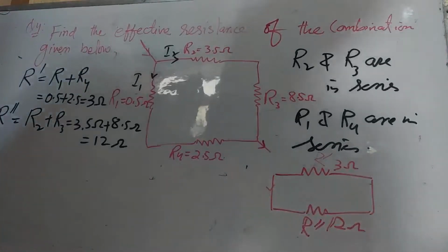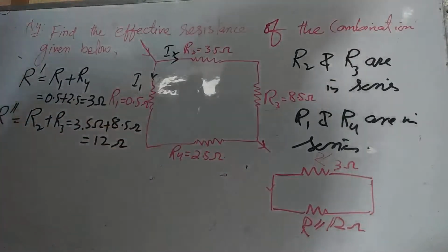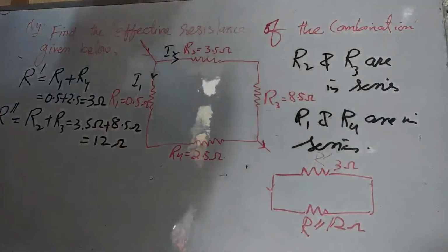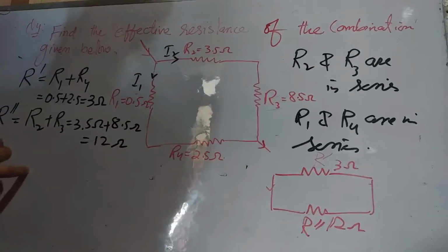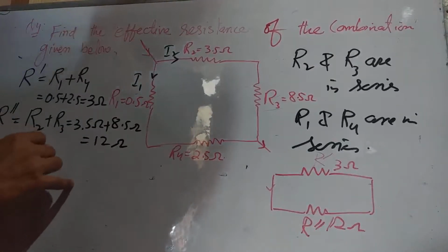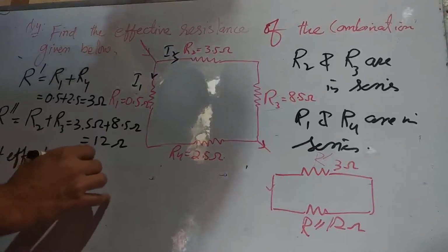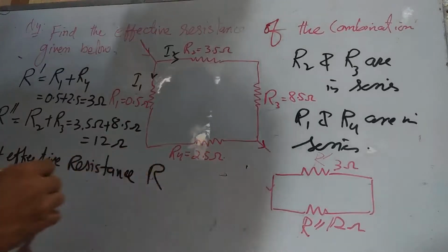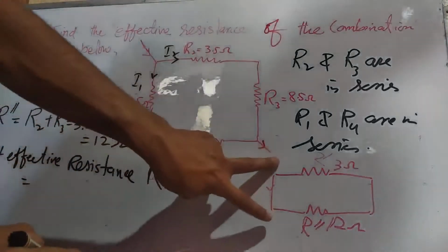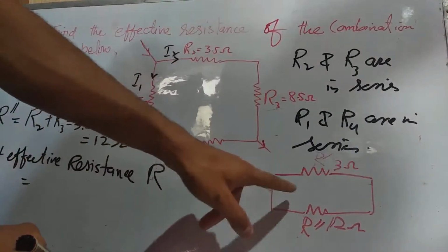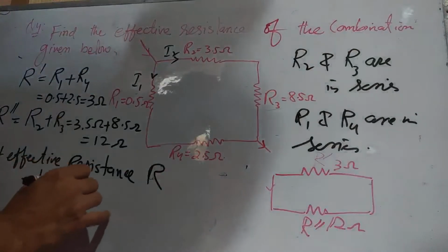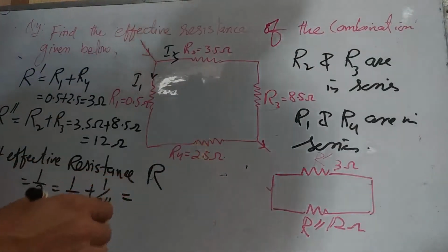Now we can calculate the net effective resistance of this circuit. If R is the net effective resistance, because they are combined in parallel, 1 by R will be equal to 1 by R dash plus 1 by R double dash.